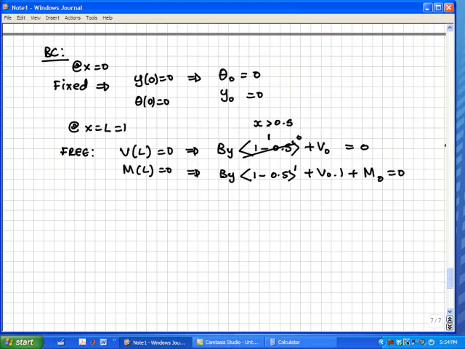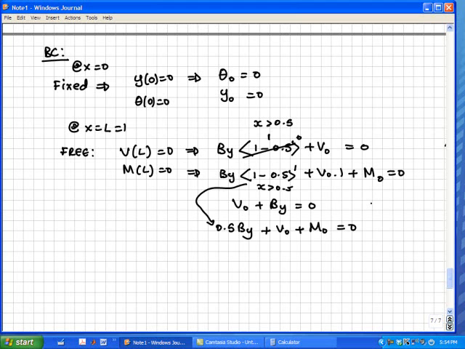This immediately gives me V naught plus By equal to 0. Remember, x is greater than 0.5, so we might as well drop the angle bracket and replace it with the regular bracket. So that is 0.5 By. So this thing becomes that plus V naught plus M naught equal to 0.